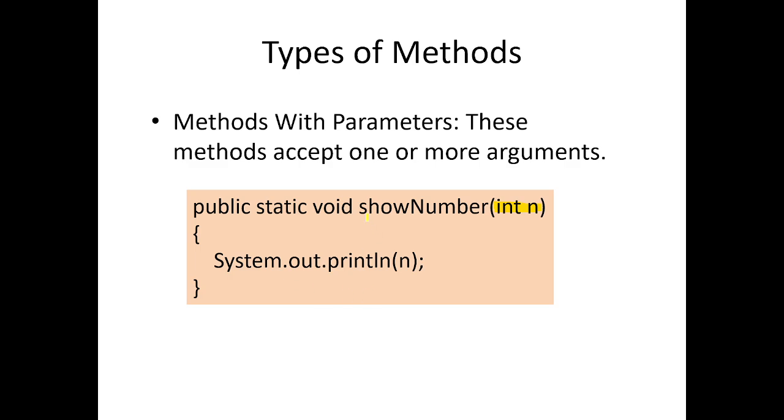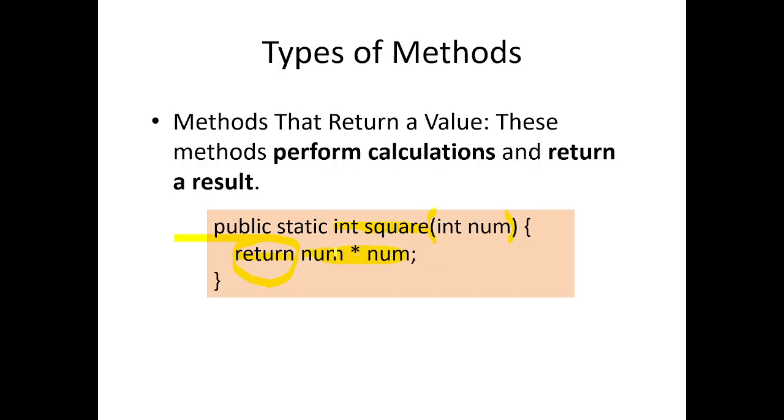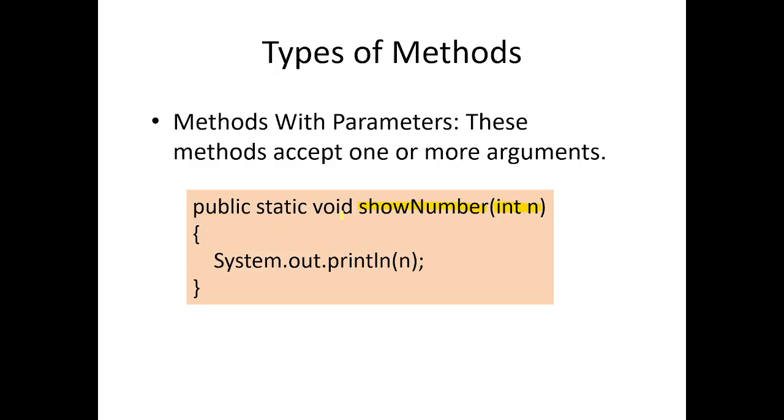The method name for this current example is show number. Usually if there's no return, compared with the previous example int square, we just put void here. That is the common way that you can utilize.